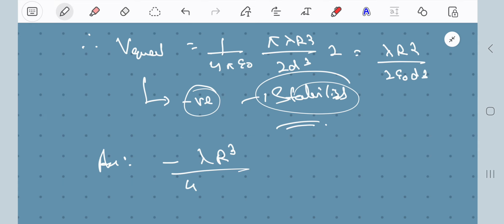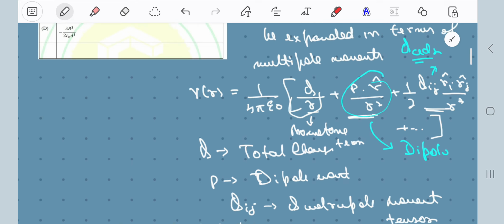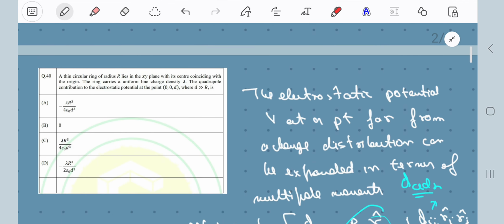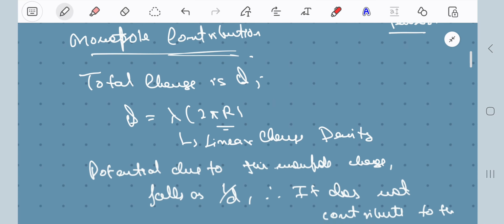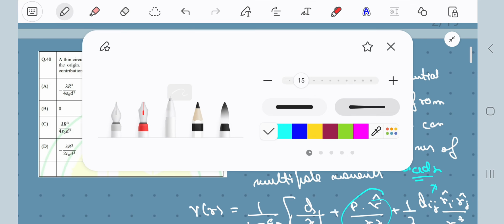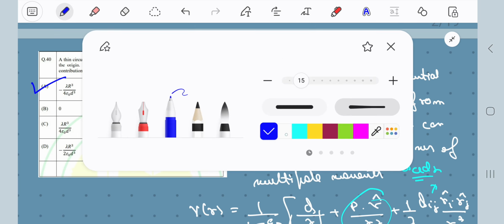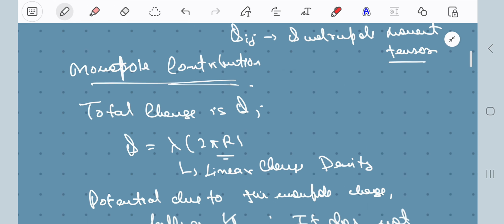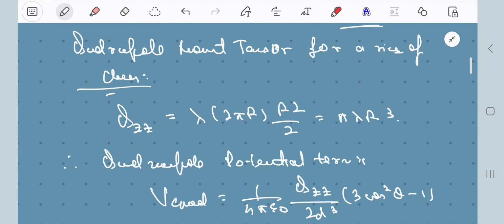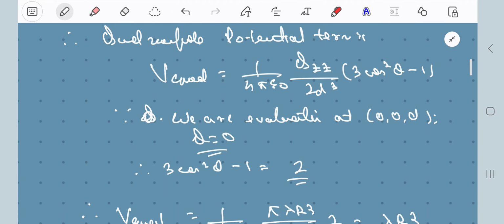Yeah, so it should come out to be, yeah, so what were the options? Okay, let me just go back once. Get the options. Yeah, so minus lambda r cube. Yeah, so option A should be your correct answer, right? Got it? Fine.